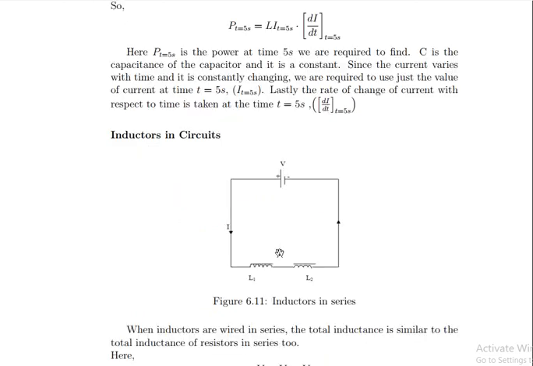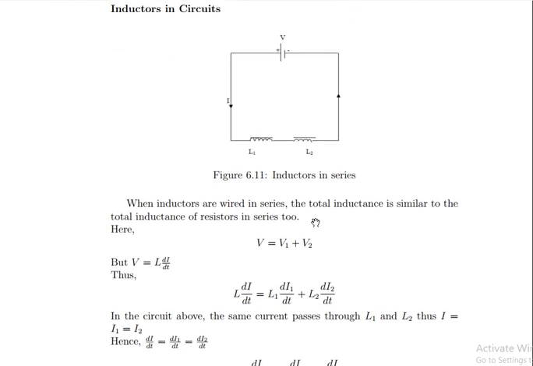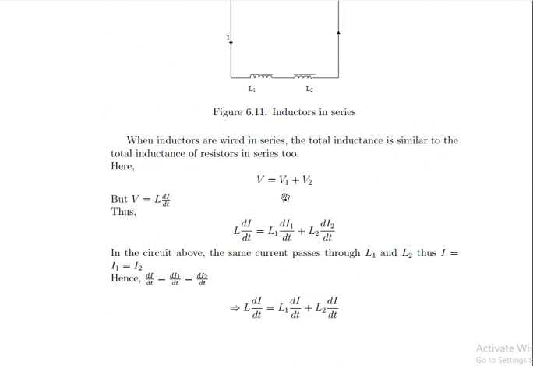So now let's visualize circuits of inductors. Inductors in circuits, you need to know that when they are in series, V is equal to V1 plus V2. Now this V is going to be equal to L total di all over dt, which is equal to L1 di all over dt plus L2 di all over dt. But this i is going to be the same in series.